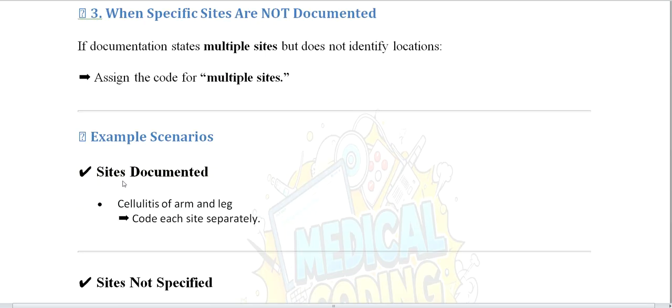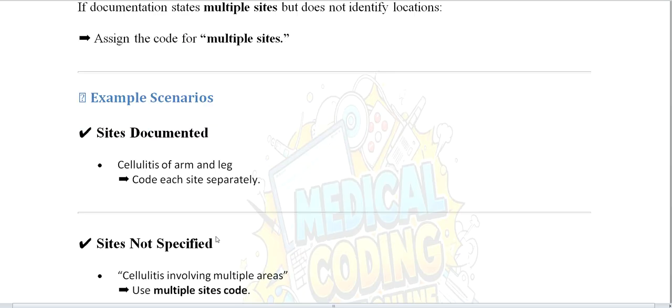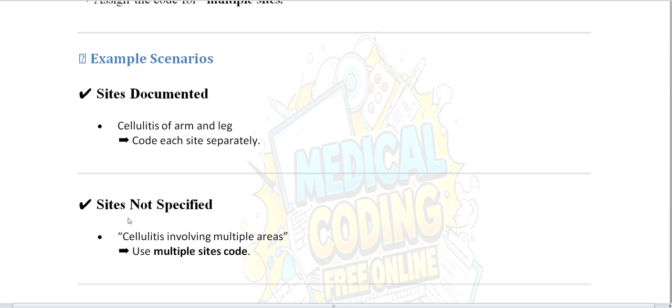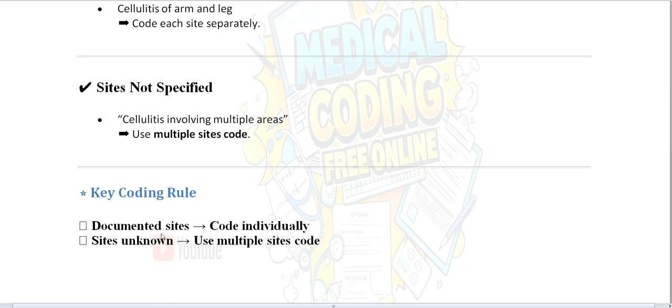Example scenarios: sites documented, cellulitis of arm and leg, code each site separately. Sites not specified, cellulitis involving multiple areas, use the multiple sites code. Key coding rule: if sites are documented, code individually. If sites are unknown, use multiple sites.